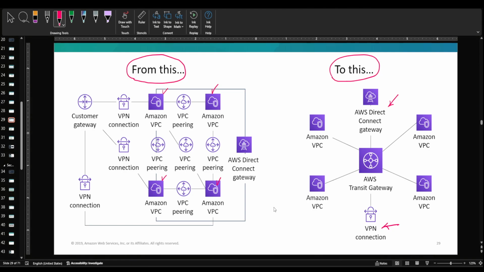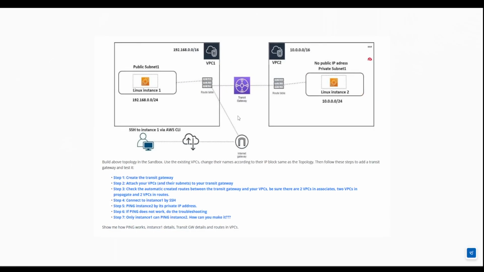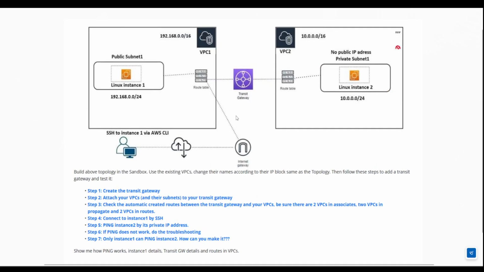And for today, I'm going to work on a very simple idea. I'm looking to create and attach 2 VPCs to a single Transit Gateway, and to see how traffic goes from one VPC to another, I'm going to do a simple ping test from one instance to the other.